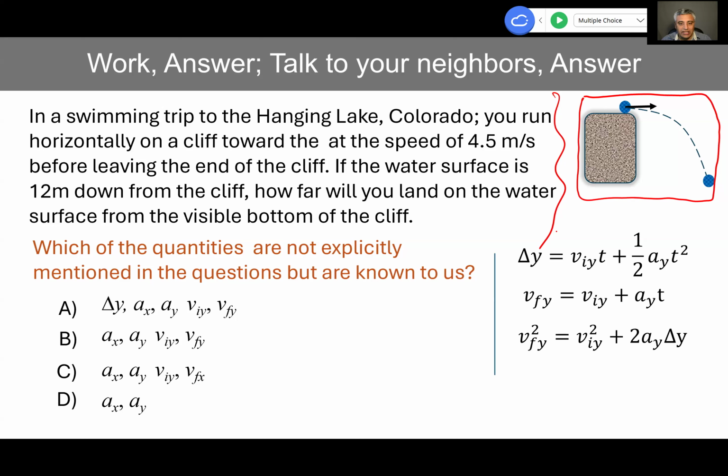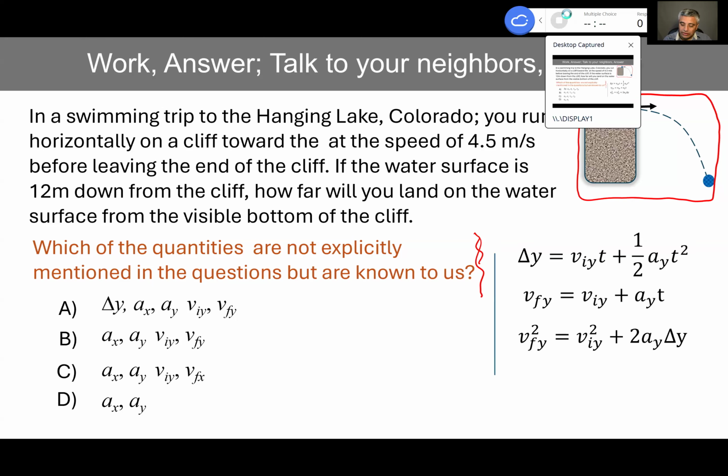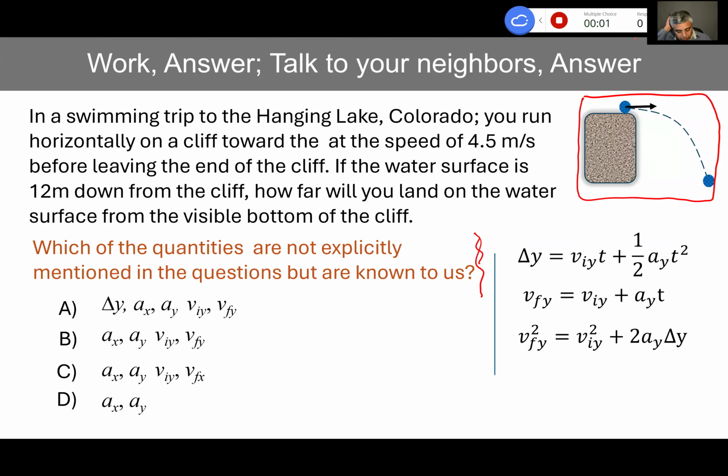And once you have that sketch, and of course, to draw that sketch, you have to read the whole problem once, okay? Once you have that, you can identify it is a projectile motion problem, right? Once you know it is a projectile motion problem, what are the quantities that you know even without reading the question? So that is what I am asking you here, okay? So you have a minute to answer this question.